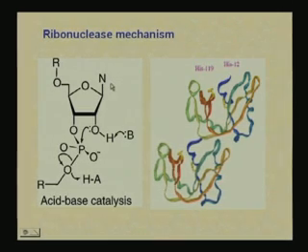Now, what happens is there is an abstraction of the hydrogen of the OH by a particular base. This is general acid-base catalysis, but we will see how ribonuclease A in its structure has the capability to abstract this hydrogen from the ribonucleic acid molecule. If we consider the overall structure, there are two histidines, histidine 12 and histidine 119.